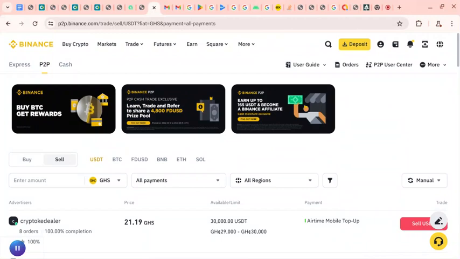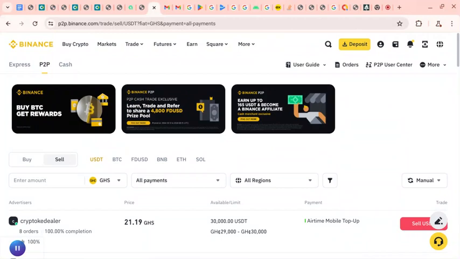So let's assume that you bought the USDT at 13.56. Okay, let's say 13.56, minus 13.90.